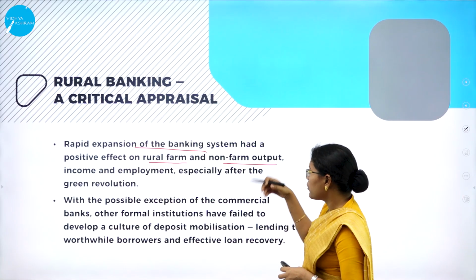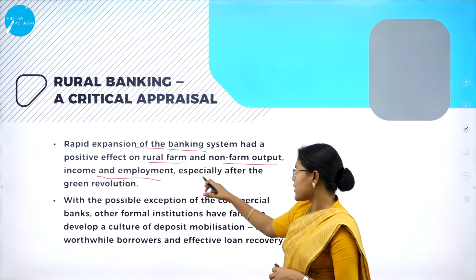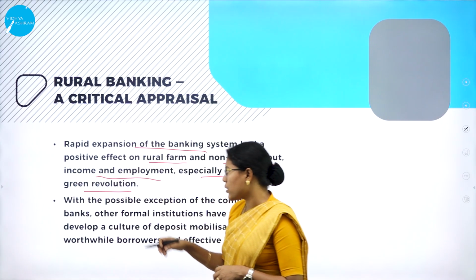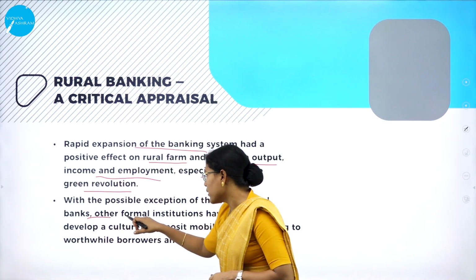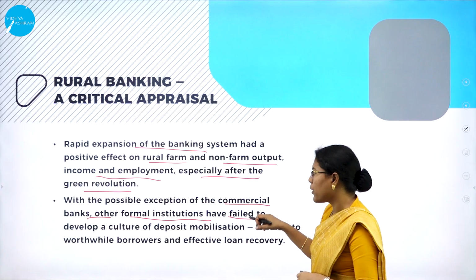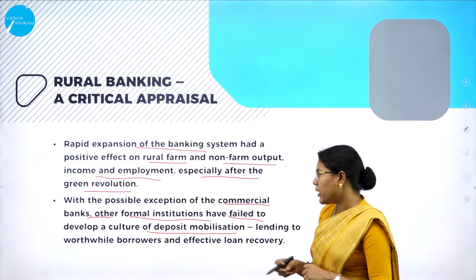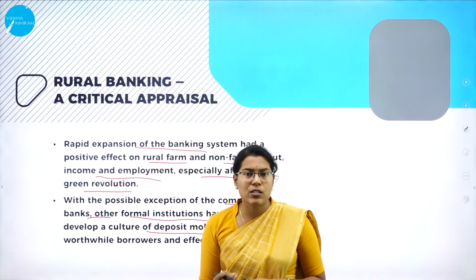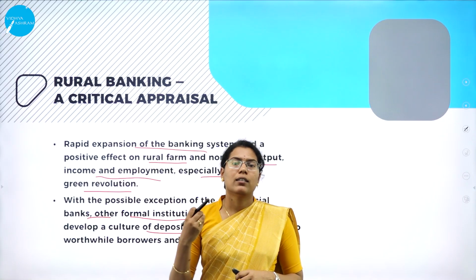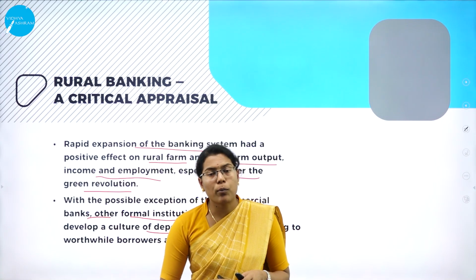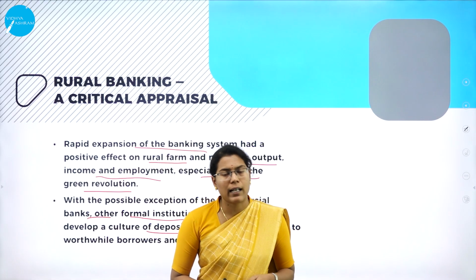Even for both rural farm and non-farm output, income and employment, especially after the Green Revolution, commercial banks and other formal institutions failed to develop a culture of deposit mobilization, because they were charging very high interest rates to the farmers, and farmers were not able to pay even the bank loans. Then problems with the non-repayment of loans from the farmers arose.